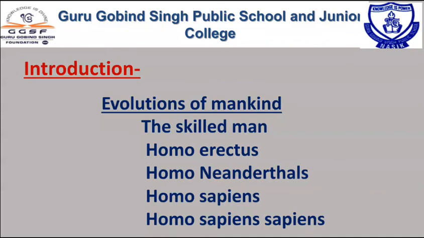So dear student, before we start lesson number 6, Stone Age and Stone Tools, what have we learned earlier? We have learned about the evolution of mankind, right? In the evolution of mankind we saw that mankind went through various stages of evolution.